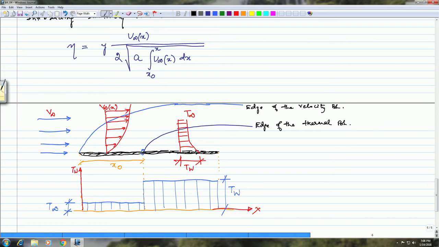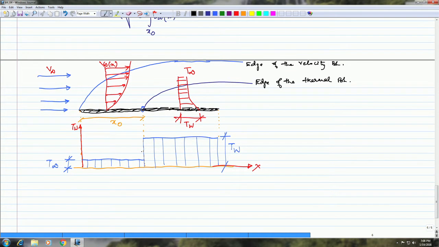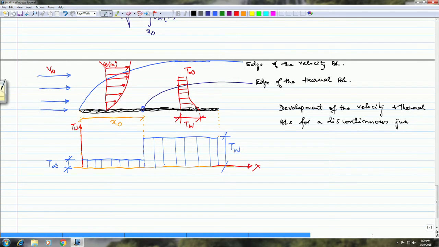So I could label this picture as the development of the velocity and thermal boundary layers for a discontinuous jump in the wall temperature.